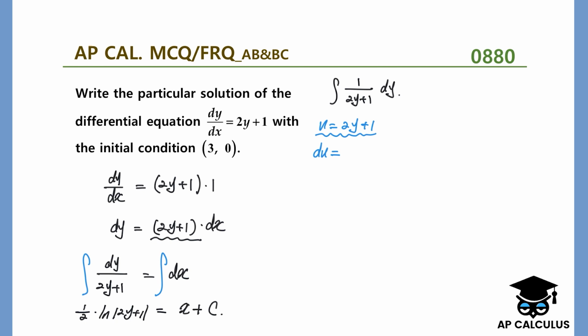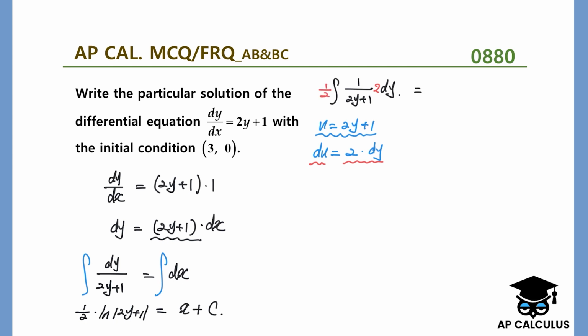So if we differentiate this equation with respect to y, du over dy is equal to 2, then du is equal to 2 times dy, right? Does that make sense? Okay, so in order to have du, we must have 2 times dy. So we're going to multiply by 2 here. Then we have 2 divided by 2 here, right?